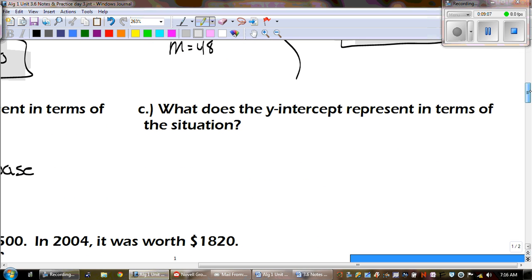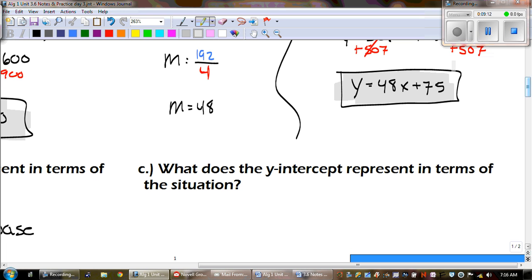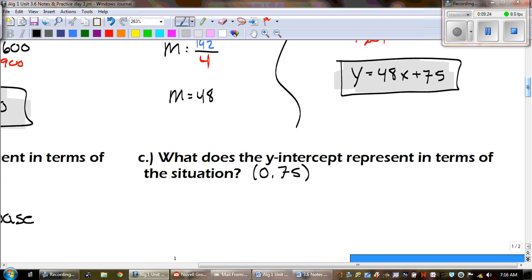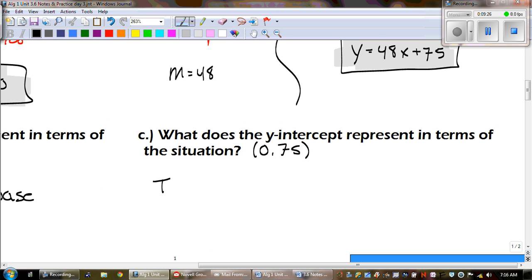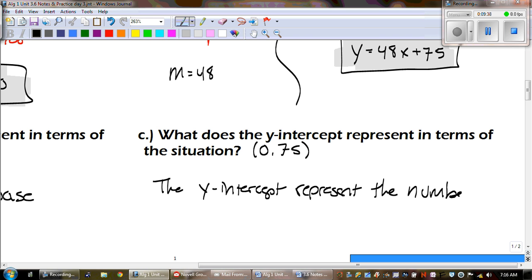All right. C, what does the y-intercept represent in terms of this situation? So our y-intercept, which was (0, 75). So remember that y is talking about the comic books. So what that means is the y-intercept represents the number of what?